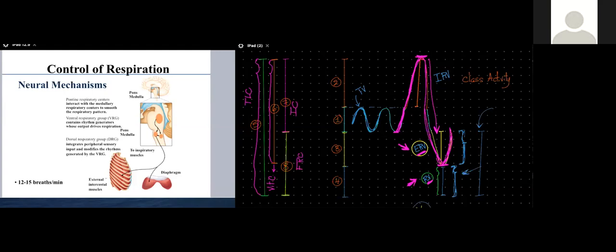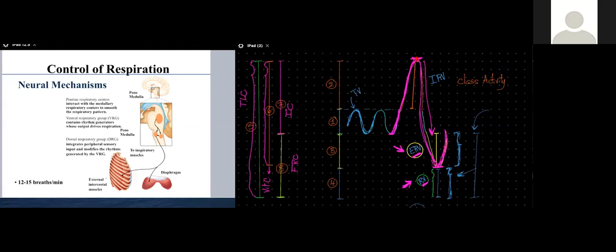So again, what are the different volumes and capacities that we've seen last class? We've seen tidal volume, inspiratory reserve volume, expiratory reserve volume, and the residual volume. For the capacities, the maximum lung capacity is all the air that you can keep in your lungs after you perform a maximal inspiration.